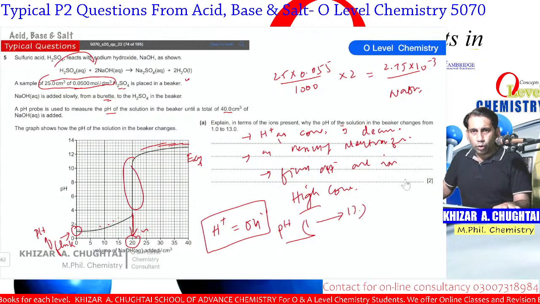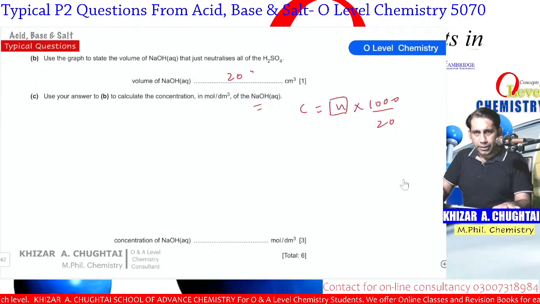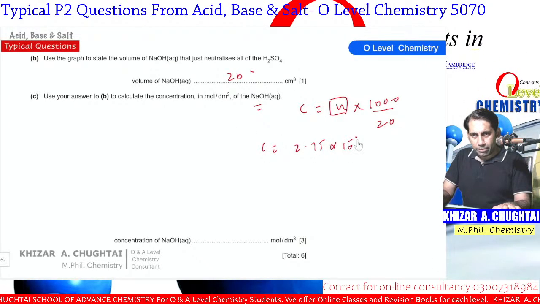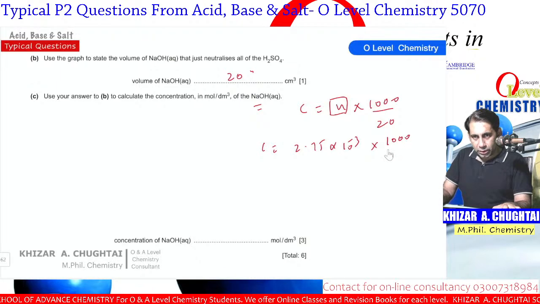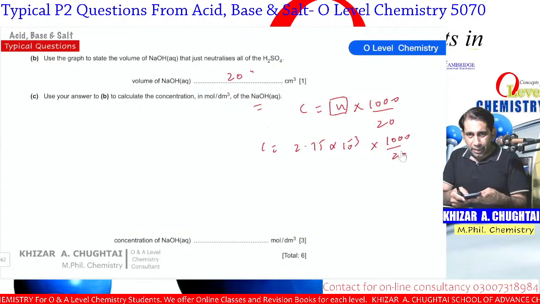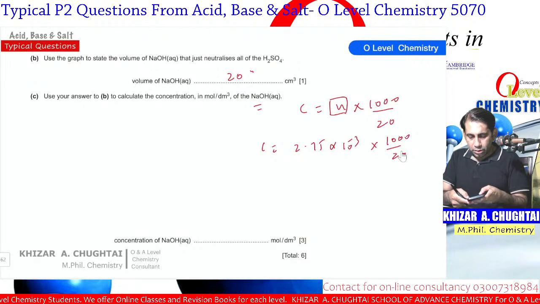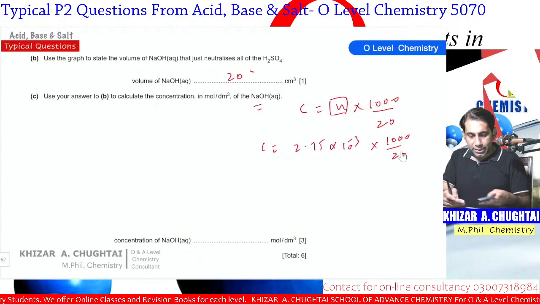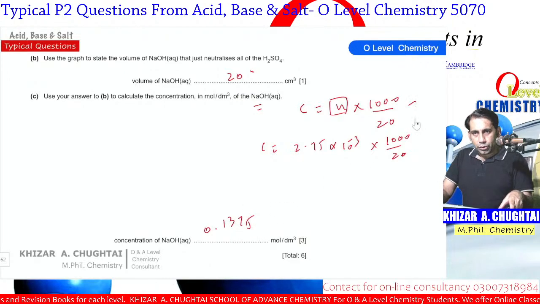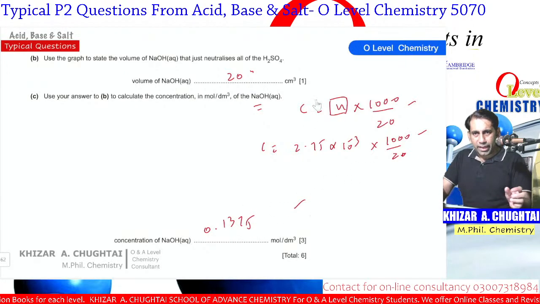So C is equal to 2.75 into 10 raised to the power minus 3 multiplied by 1000 divided by 20. So what will be the answer? Multiply by 1000 divided by 20, and here is the answer, that is equal to 0.1375. So 1, 2, and 3, these are the appropriate answers.